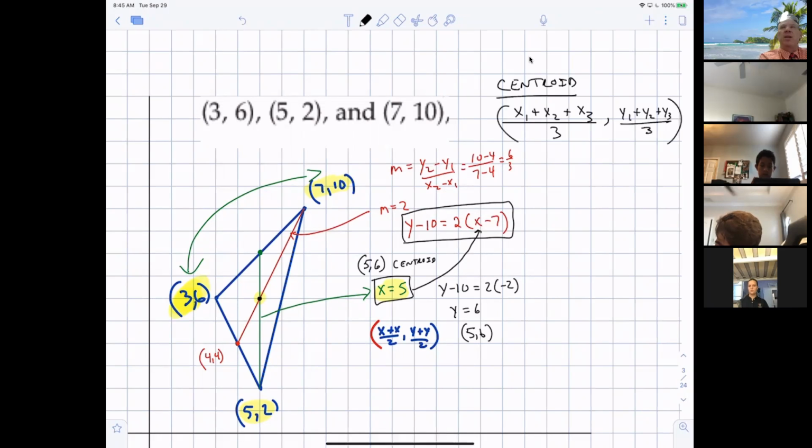So now everybody take the time, add the x's and divide by 3. Hopefully that is 5. And then add the y's and divide by 3, and hopefully that is 6. So on the test, you can either graph it or you can use the formula. All right? Yes.